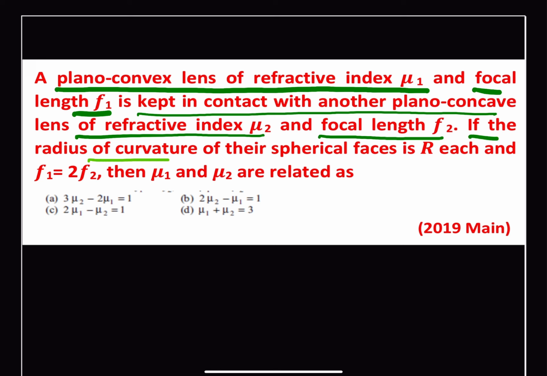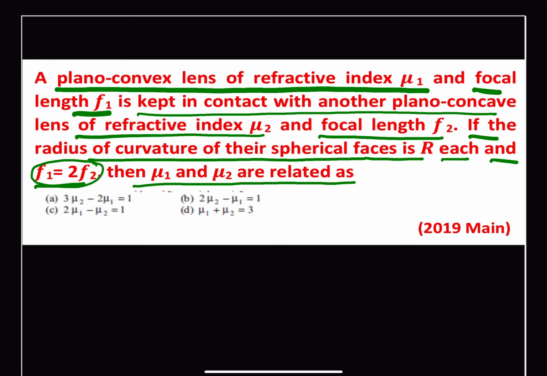If the radius of curvature of their spherical faces are each R and f1 equal twice f2, then mu1 and mu2 are related as. So we have two lenses, plano-concave and plano-convex lens, and we have to find out the relationship between mu1 and mu2, the respective refractive indexes. And we are given the relationship between f1 and f2.